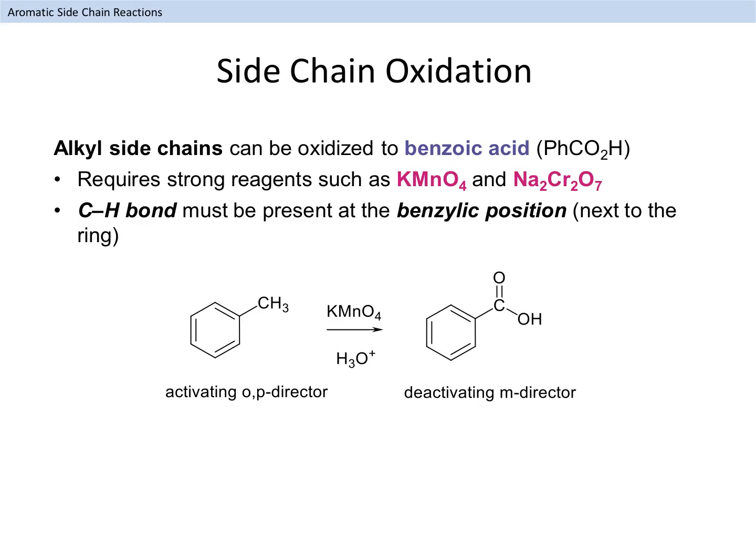In organic chemistry, the reactivity of side chains on arenes, also known as aromatic compounds, plays a crucial role in various chemical transformations. The side chains, typically alkyl groups attached to the aromatic ring, can undergo several types of reactions, including oxidation, reduction, and substitution.